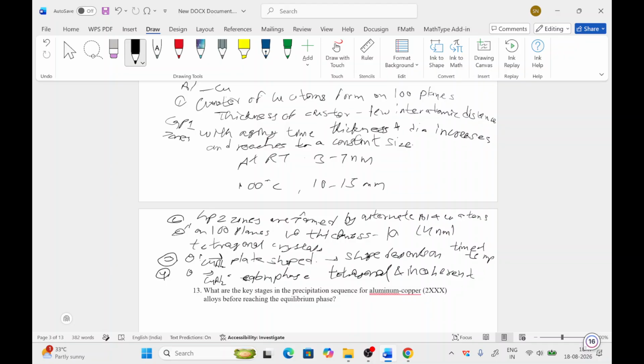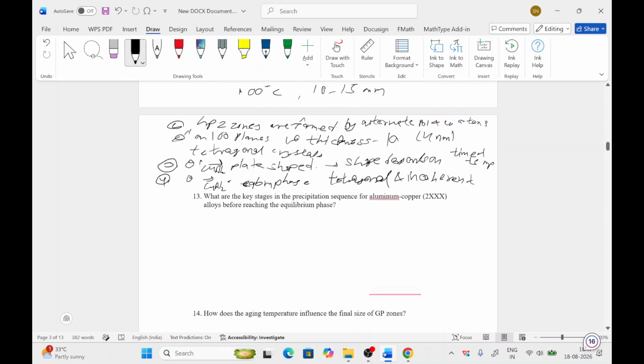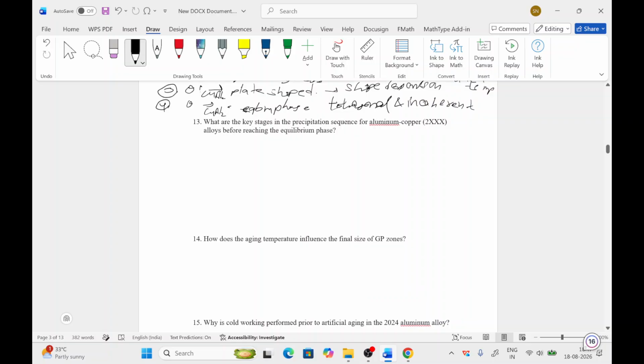The next question is, what are the key stages in the precipitation sequence for aluminum copper alloy before reaching the equilibrium phase?